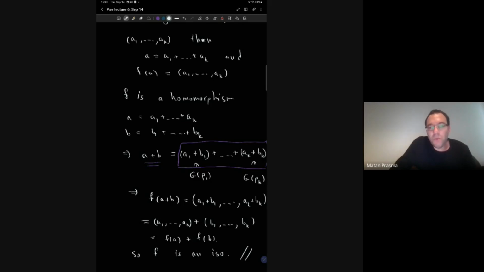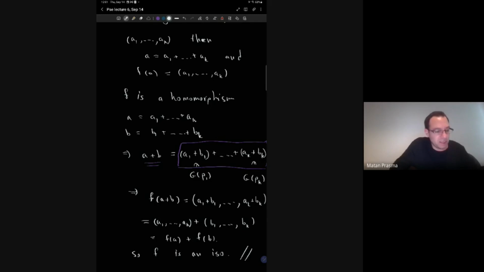Okay, so we are kind of halfway into proving the classification result, sometimes called the structure theorem for finite abelian groups.